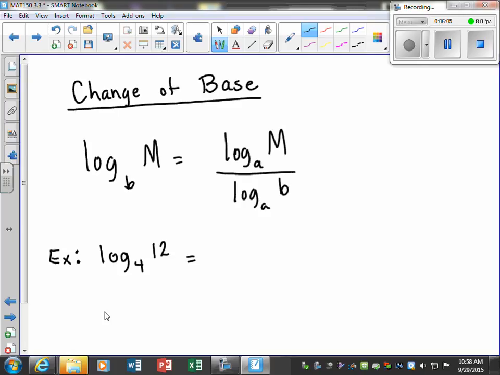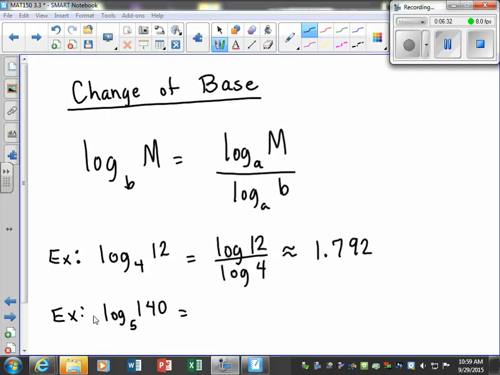This can be rewritten as log of 12 divided by log of 4. Remember, in a calculator there's a known base 10, so it's going to evaluate that. Log of 12 divided by log of 4, and approximately 1.792.